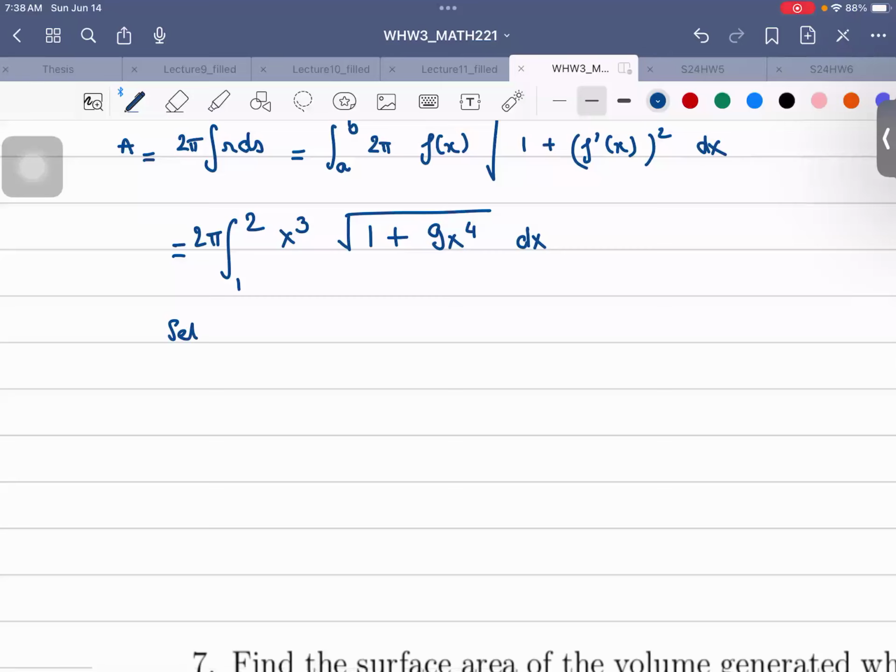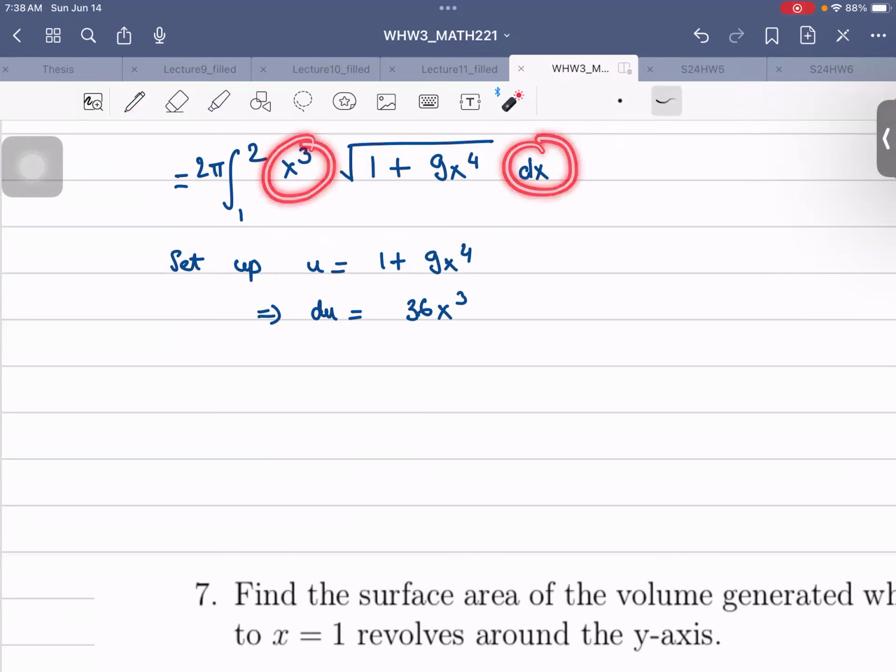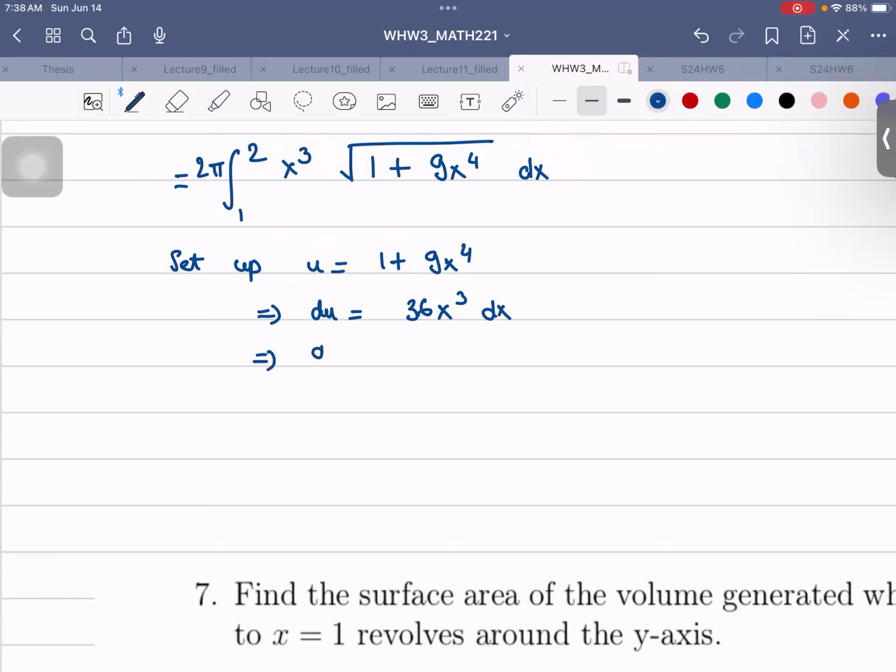So set u equal to 1 plus 9x to the power of 4. Therefore, du will be 36x cubed, and the thing is, you have x cubed dx. Therefore, du divided by 36 is x cubed dx.